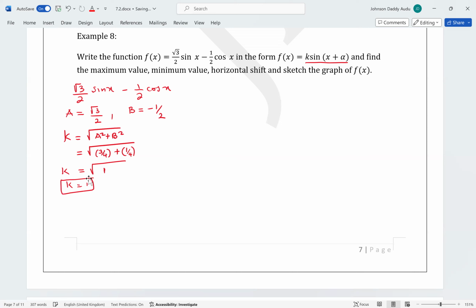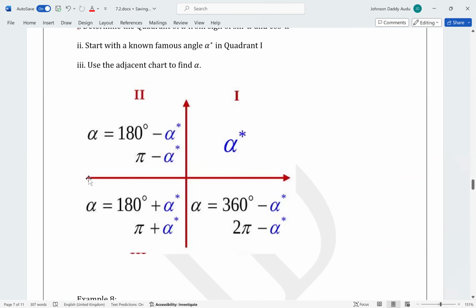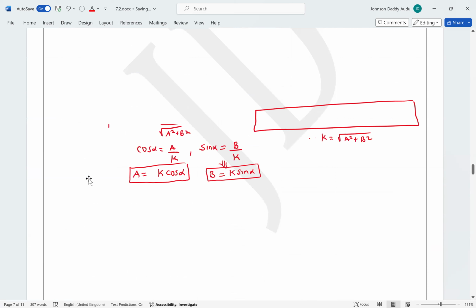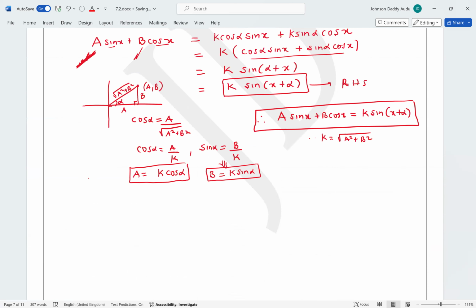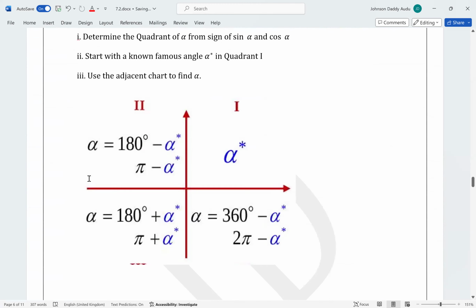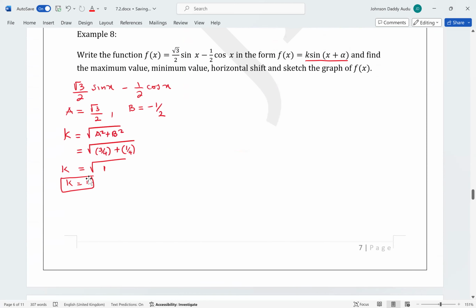But one thing again, here we should mention this one. Oh, it's clear. Look at here. We saw that cosine alpha is a over k, and sine alpha is b over k. So we have to mention that here.